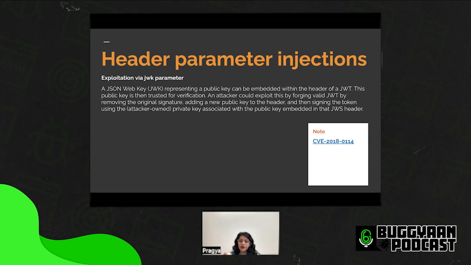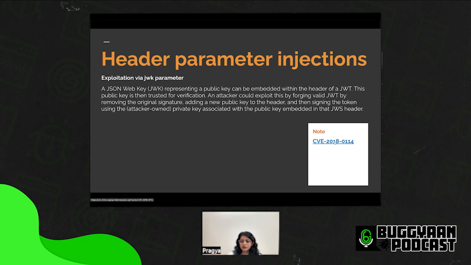In this way, I'm telling the server to use, as an attacker, my own public key for verifying the token which I am sending. And the token which I am sending is already signed with the correct private key, which is the one that is now pasted in the header. So that's how this attack can get successful if the server does not check whether the token is sending the right public key or not.